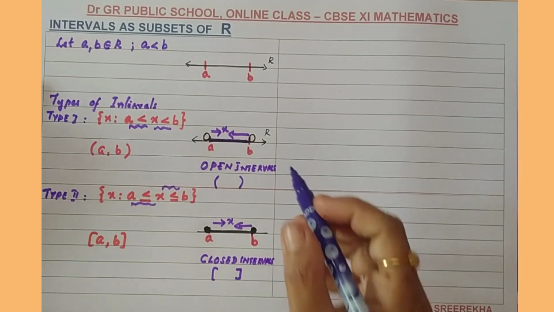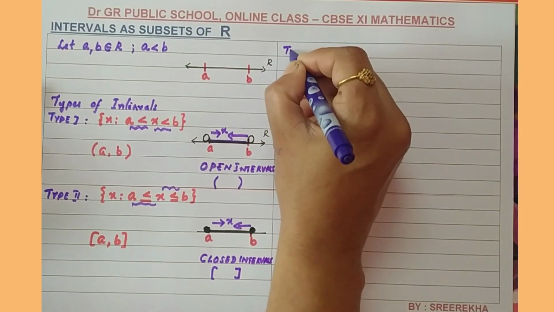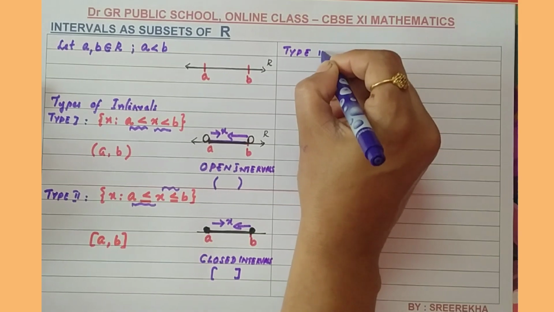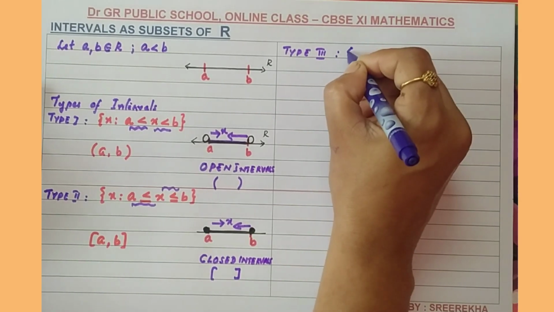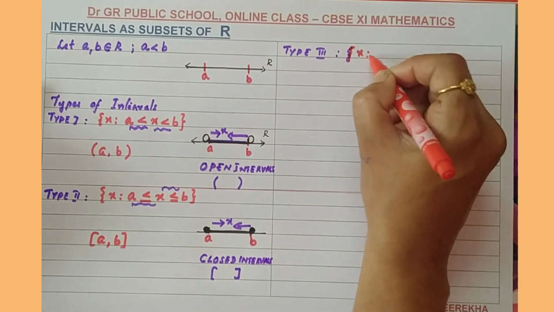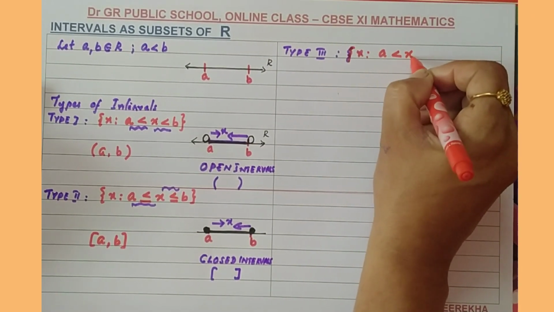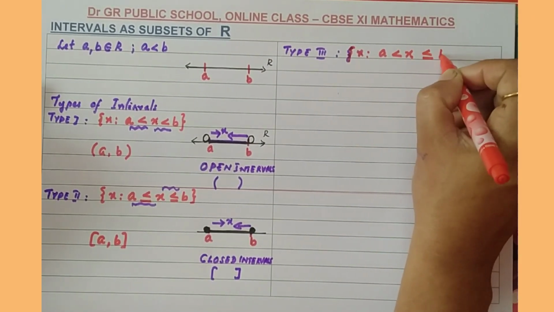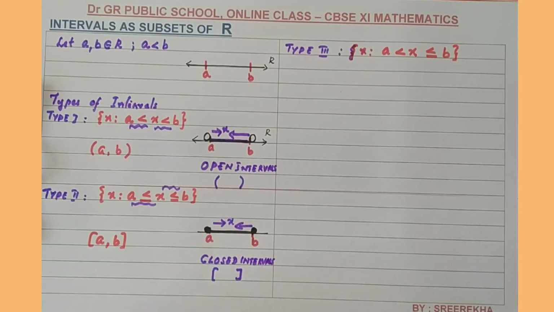Now, I am going to define type 3. Type 3 means the set of all x such that A less than x but less than or equal to B. This is the third type.